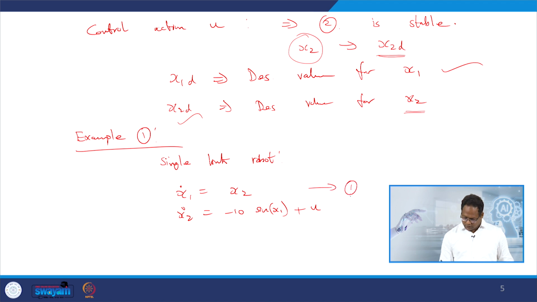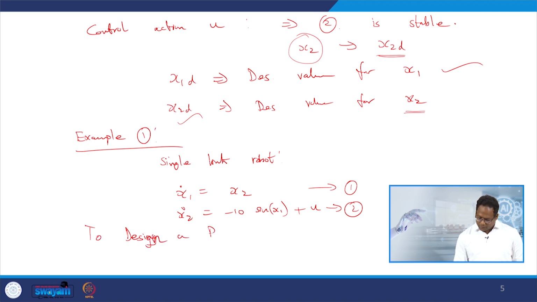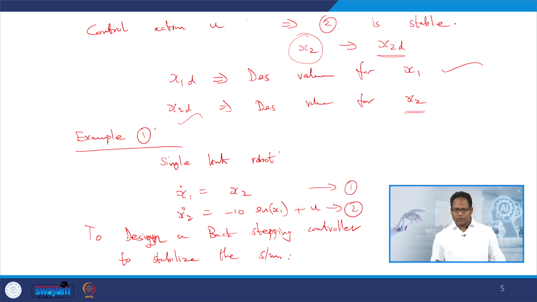So, we have first subsystem, second subsystem. The objective is to design a backstepping controller to stabilize the above robotic system, which is highly nonlinear.